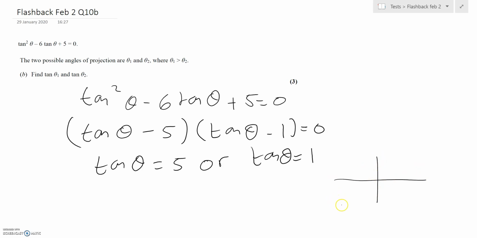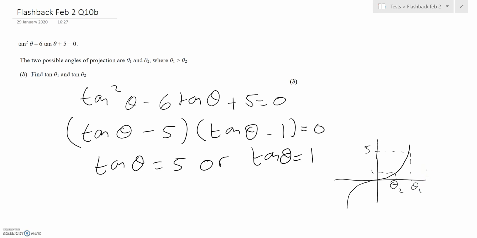And if we look at our tan graph, if tan theta equals 1 and tan theta equals 5, then tan theta of 1 must be theta 2, because that is smaller.